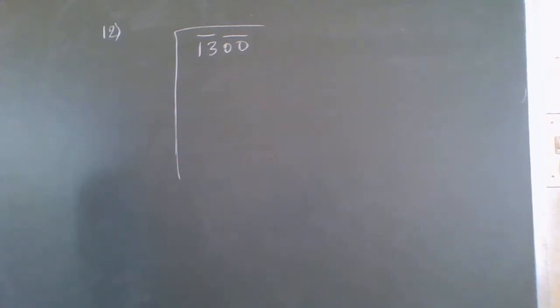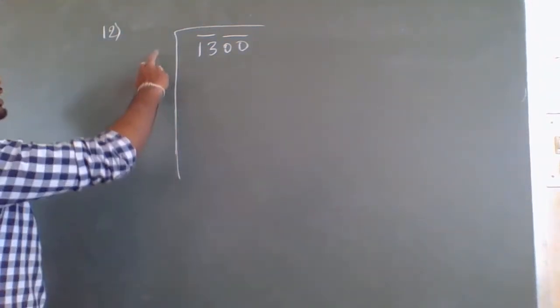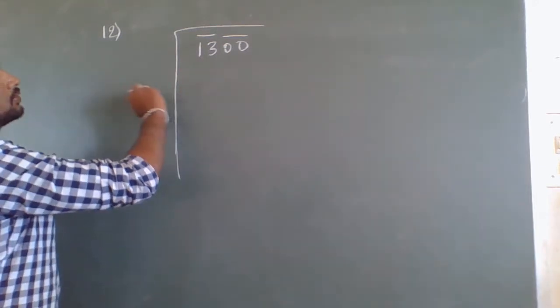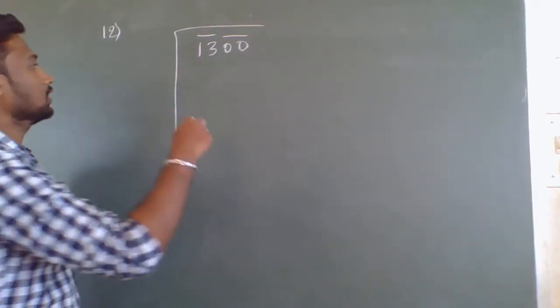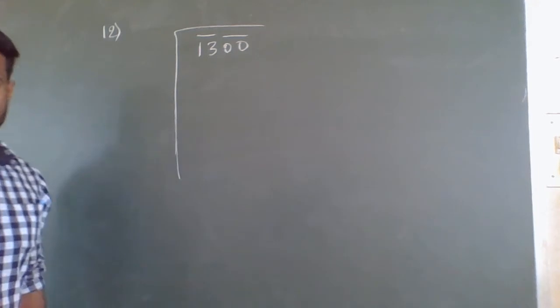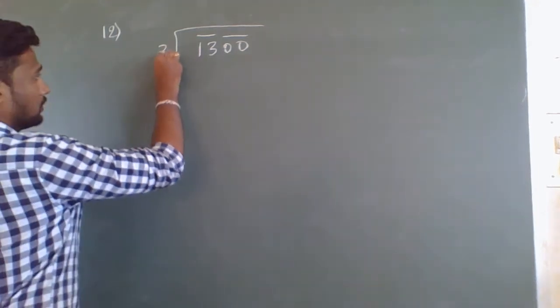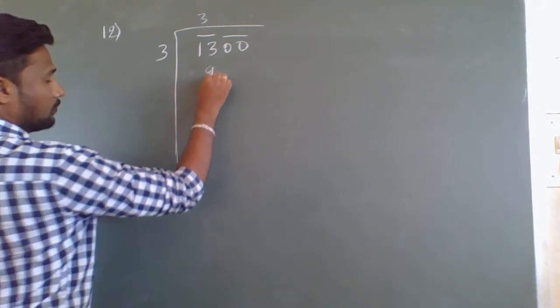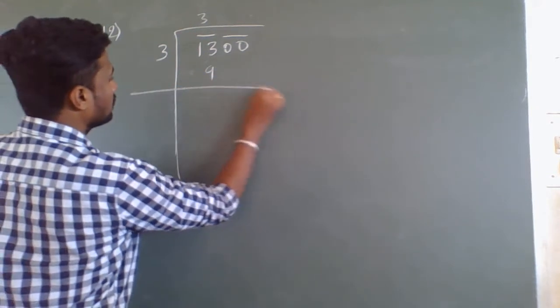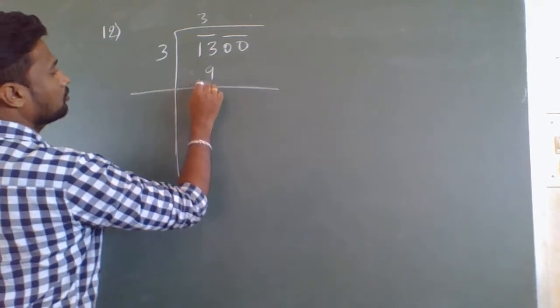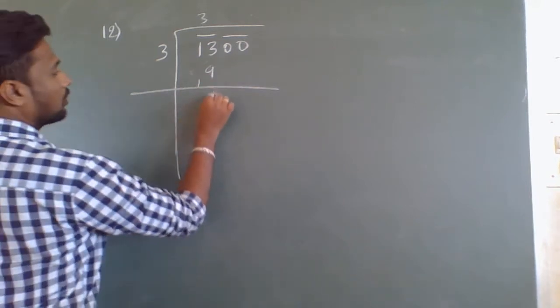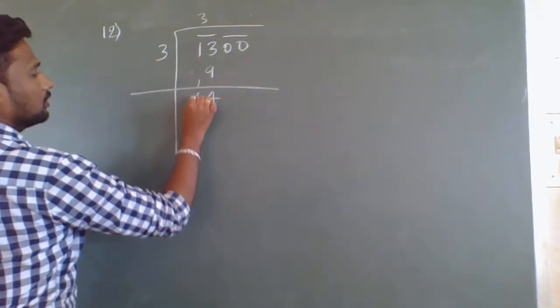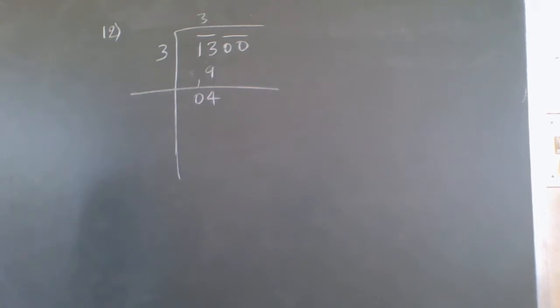For 13 we can consider 3 into 3 is 9, and 4 into 4 is 16. 16 is greater than 13, so we have to consider 3 only. So 3 into 3 is 9. Next, 13 minus 9, we get 4, and 1 minus 1 is 0.